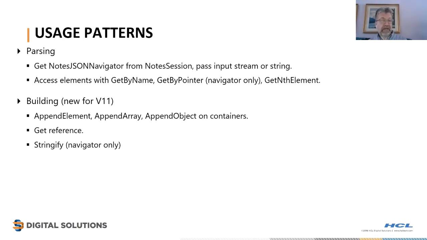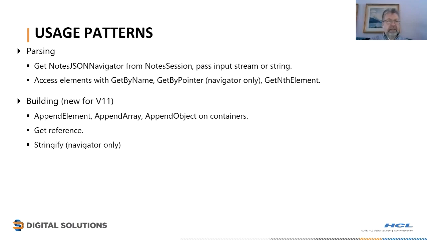Essentially what happens is you append something, and if you want to modify it further, you grab the reference to it, and then finally at the end of all that, you call stringify on the navigator. So stringify is only at the navigator level. You can't stringify individual objects or elements or things like that. But the useful thing is having stringify, obviously, at the navigator level.